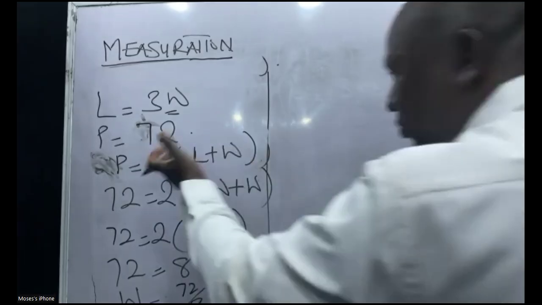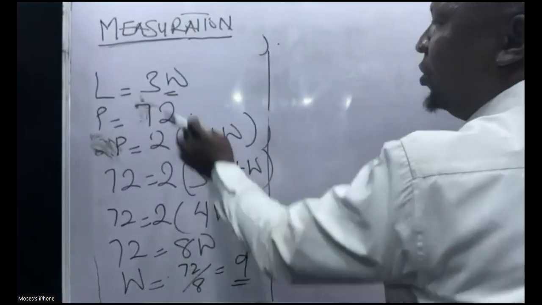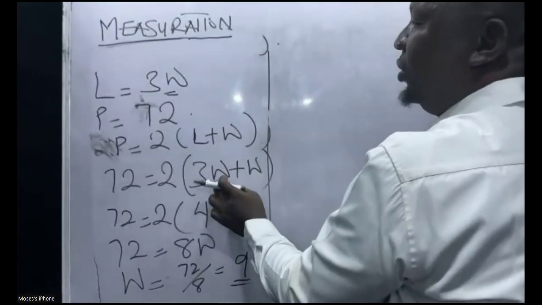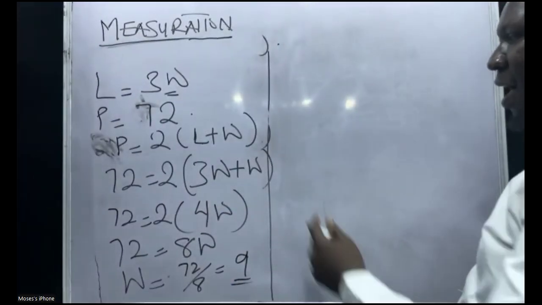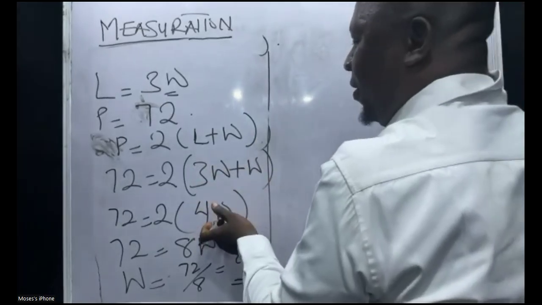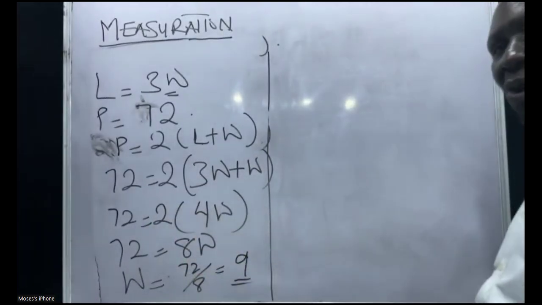Now, you know the perimeter. 72 equals 2. Since you have expressed your L to be 3W, instead of writing L you put 3W in place of your length, plus your width. When you add this together, you get 4W. Do your equation.